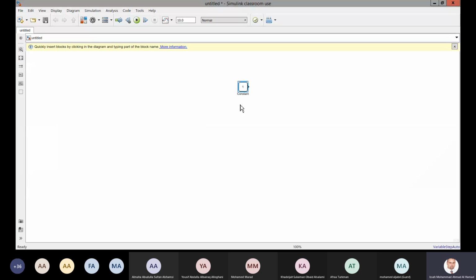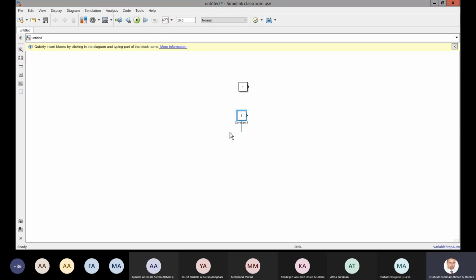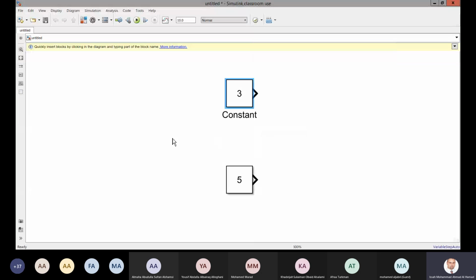Let's take another block for the constant 5. Now here we have the constant value, let me put 5 here, and let me put constant value 3 here. So far I have two constants, one of them is 5 and one of them is 3.